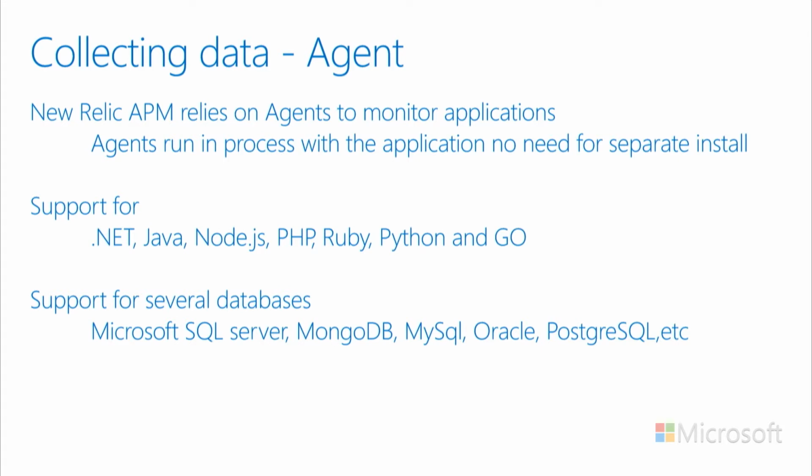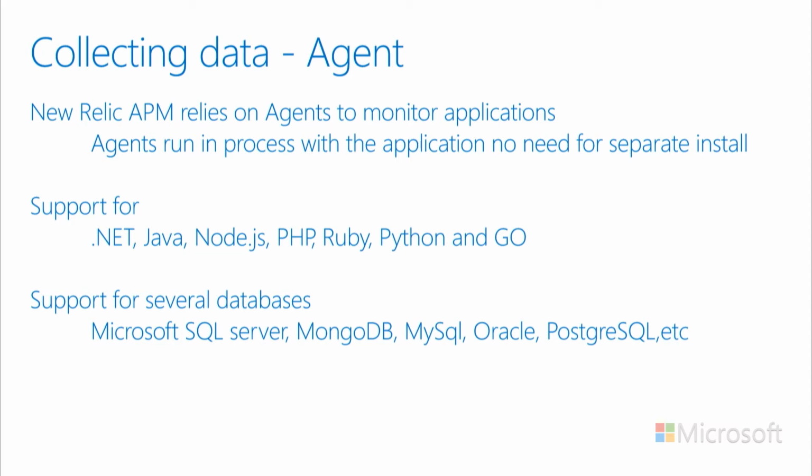In terms of collecting data, it relies on something that New Relic calls an agent. The agent monitors the application and runs in line with the application. You don't need a separate installation to do it. You install the agent like a library or something like that, and it automatically instruments your application and does the recording, so you don't have to make manual changes to the code itself.